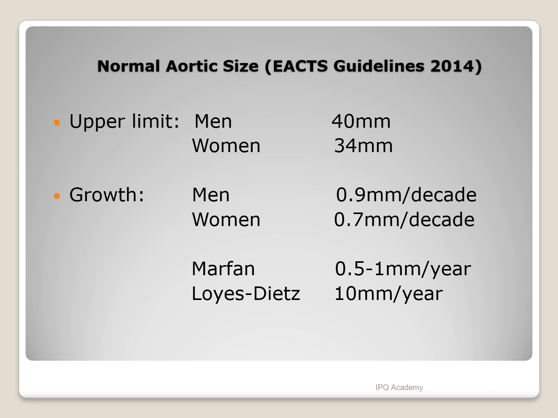An acceptable growth for men is up to 0.9 millimeters per decade. This is 0.7 millimeters for women. Individuals with connective tissue disorders display a significantly faster increase in the diameter of the aorta.